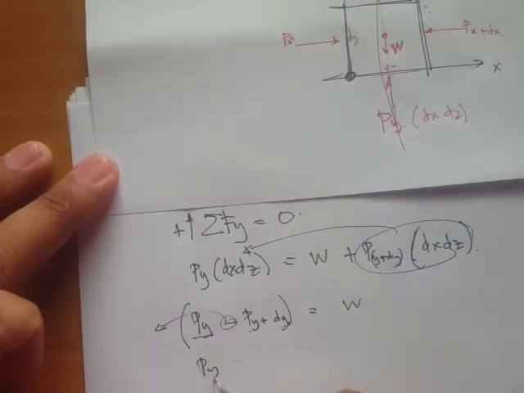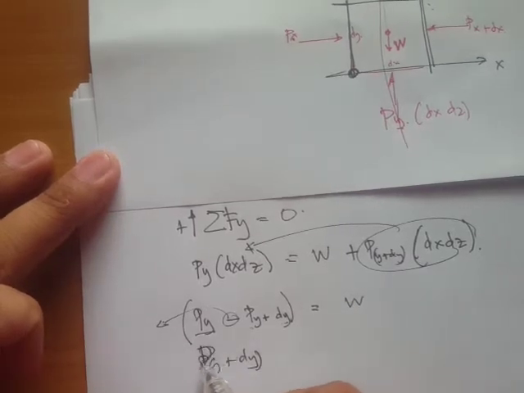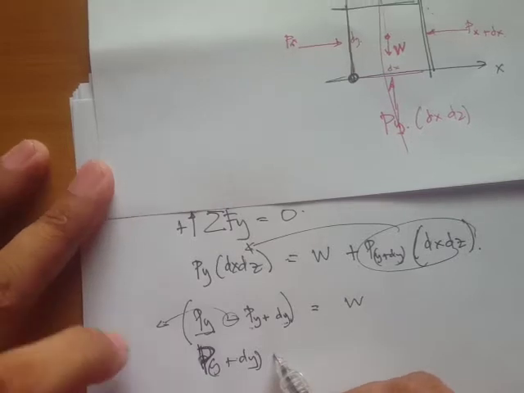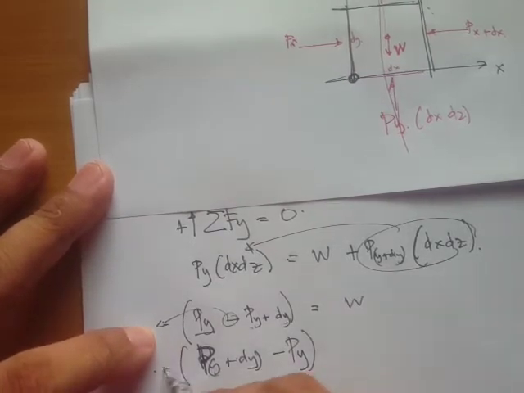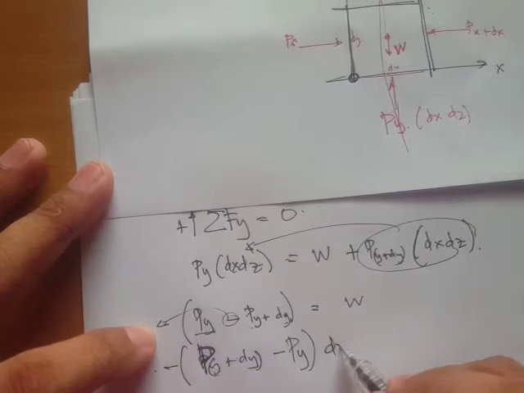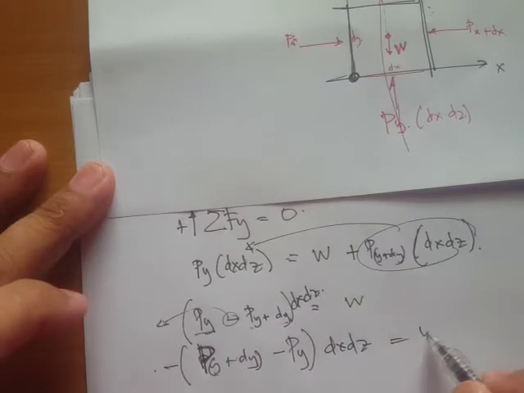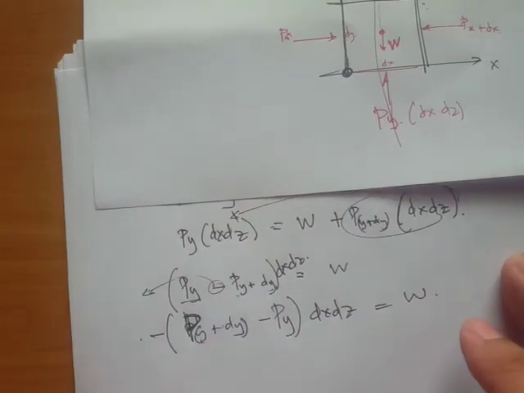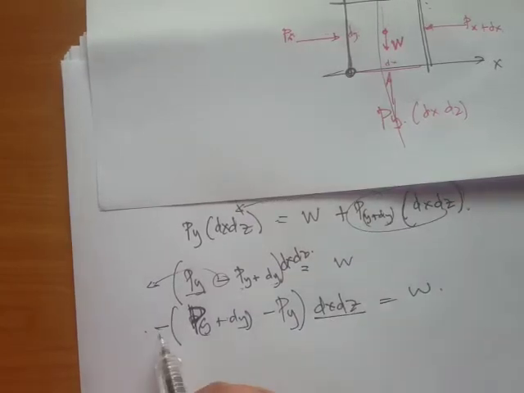So p sub y plus dy, again that's subscript, minus p sub y, that would be negative, times dx dz is equal to w. Okay, so we'll divide both sides by this dx dz and the negative sign.